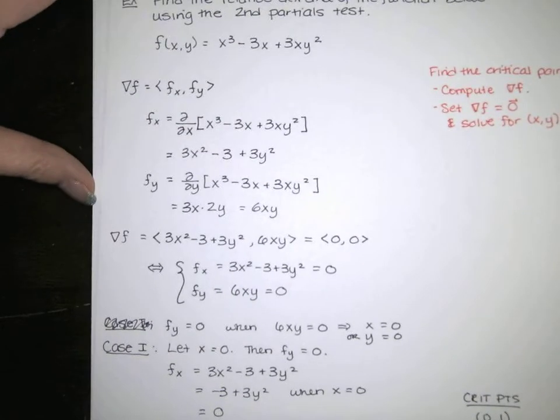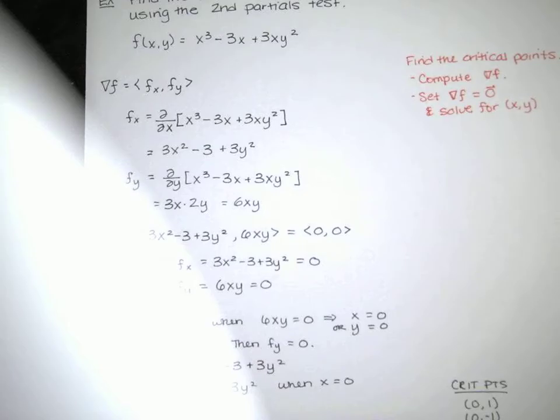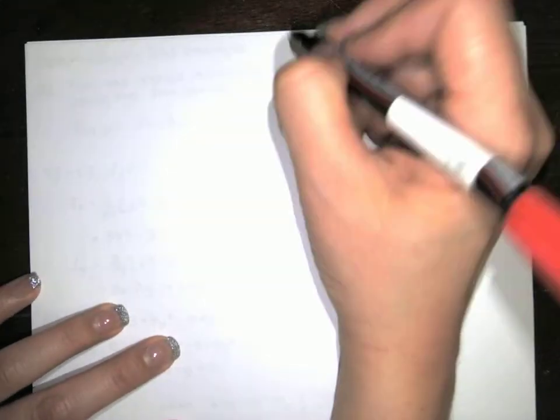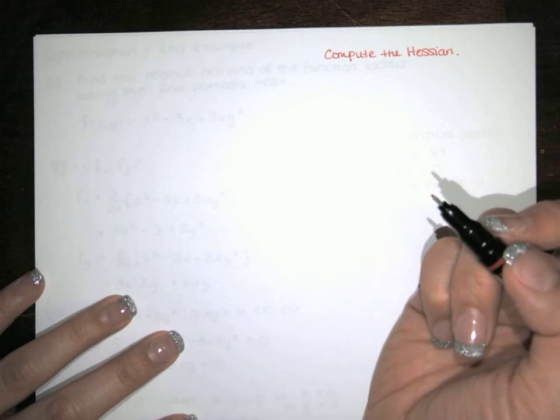So we're going to go use the second partials test now. Now I have introduced you to the Hessian matrix. So we're going to compute the Hessian matrix. This is our higher dimensional analog, multidimensional analog of the second derivative.